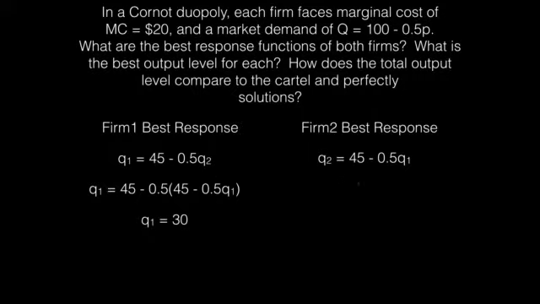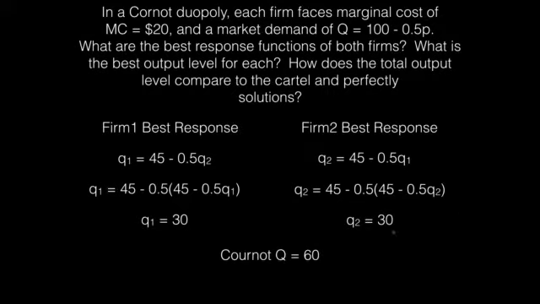We place the best response function of firm 1 into firm 2, and we solve for Q2, and we get the quantities here. Remember that tells us the quantities for each firm. Q1 is 30, Q2 is equal to 30, so the market quantity is equal to 60. It's just Q sub 1 plus Q sub 2.